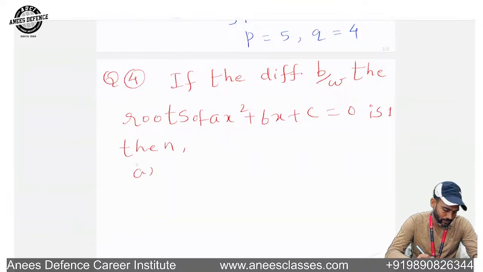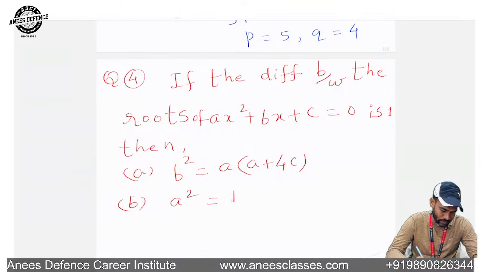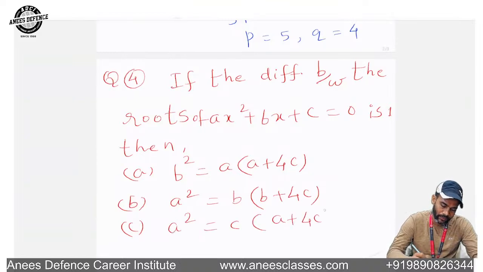Option A: b square is equal to a times a plus 4c. Option B: a square is equal to b times b plus 4c. Option C: a square is equal to c times a plus 4c.